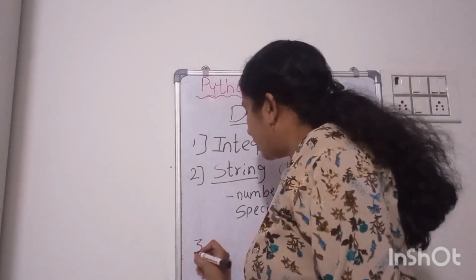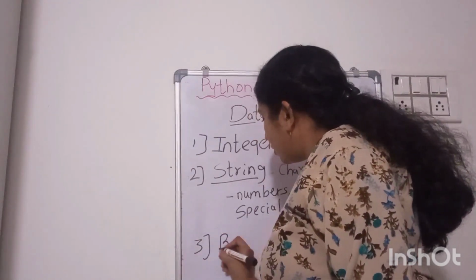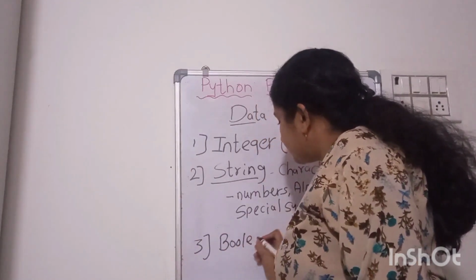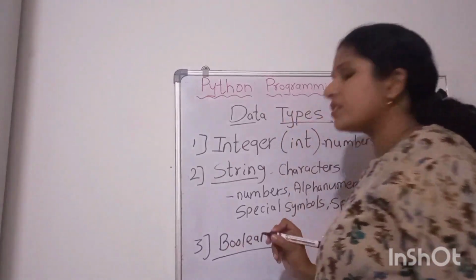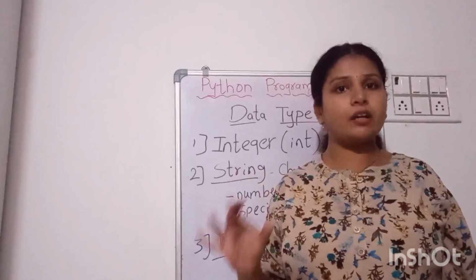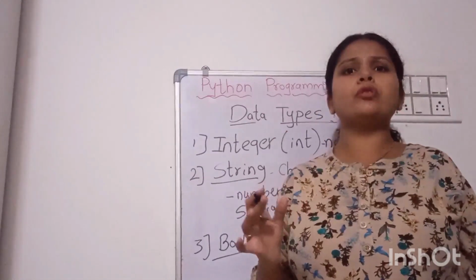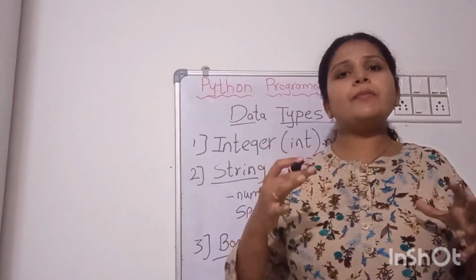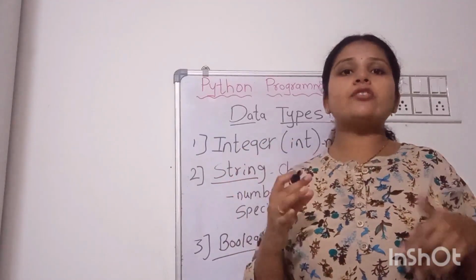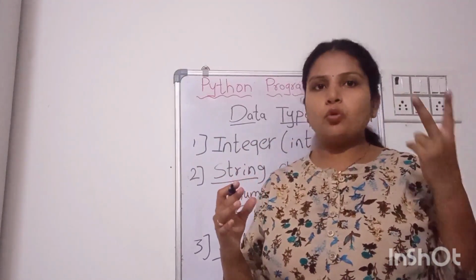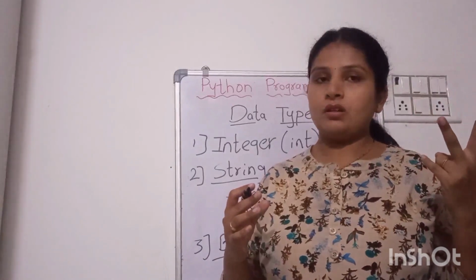Then the third one is the boolean. Now what is boolean? Boolean is a pure computational term. Boolean is also one data type. Now what is meant by boolean? See, there will be times that you need to give an answer in only two forms, right?